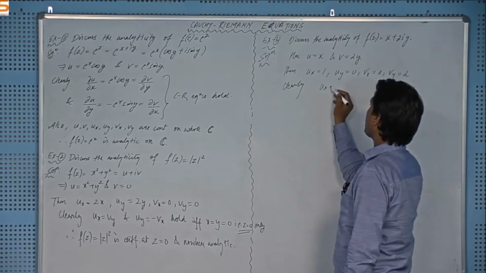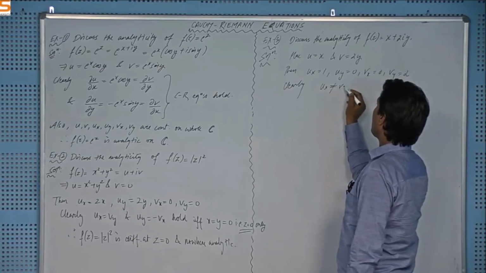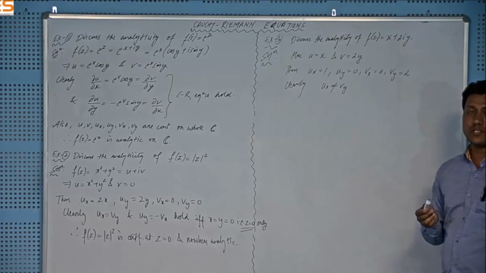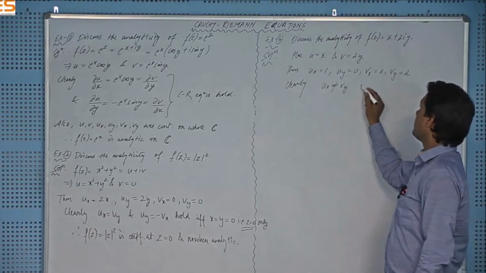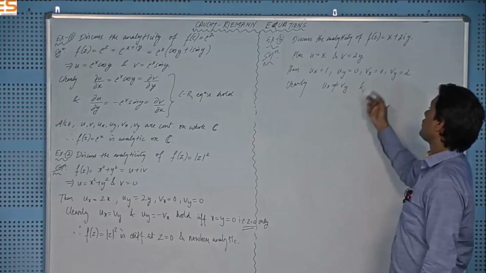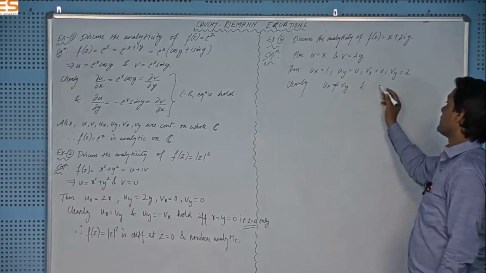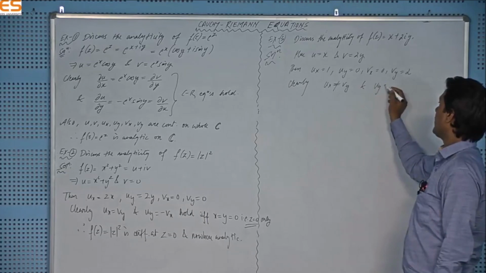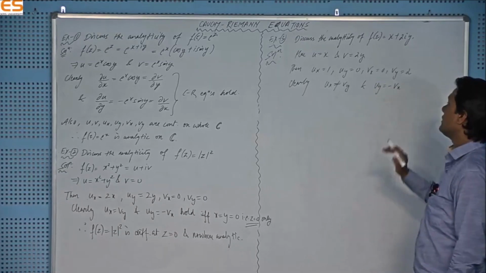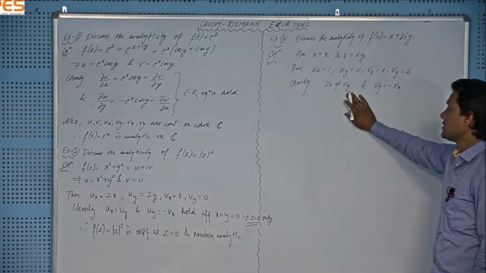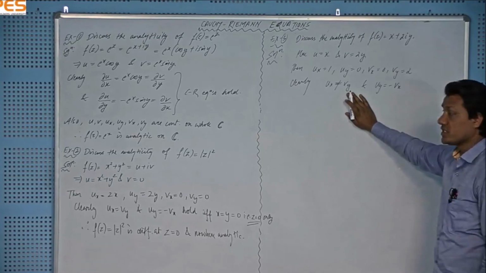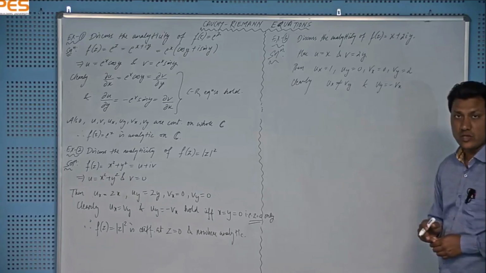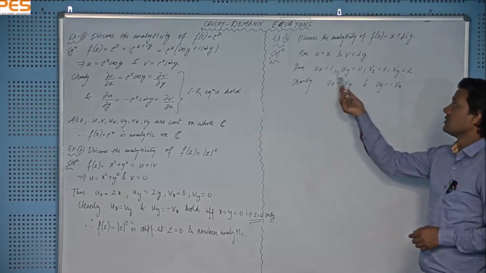You can see clearly that ux, which is equal to 1, is not equal to vy in any case. You cannot make 1 equal to 2 by putting in some value of x or y. But uy is equal to minus vx, they both are 0, right? That is fine, but the first condition restricts us from saying that the function is analytic somewhere or differentiable at one point, because they cannot be equal.